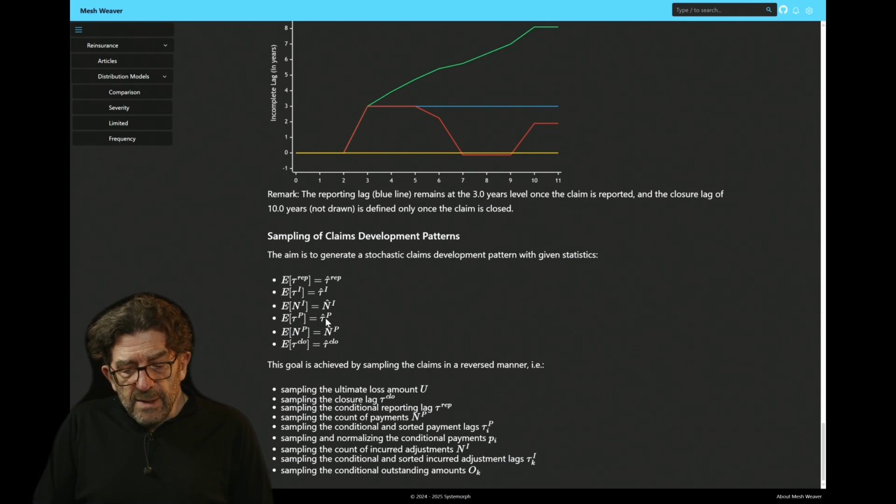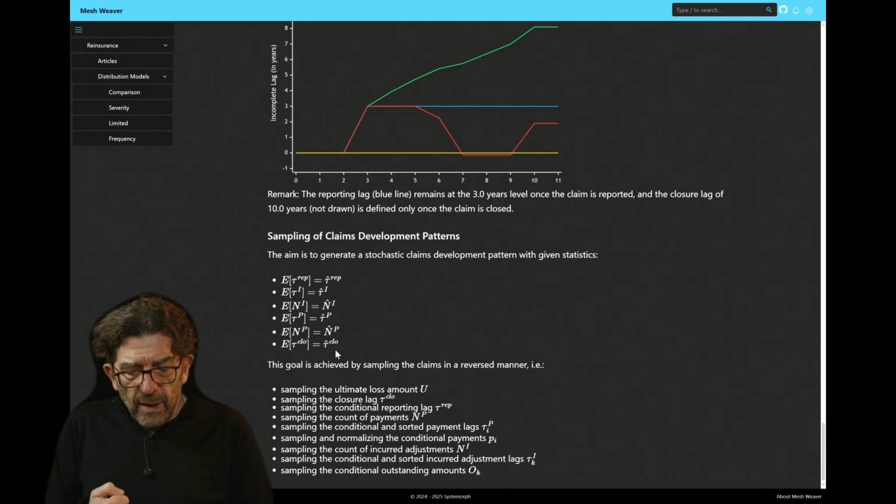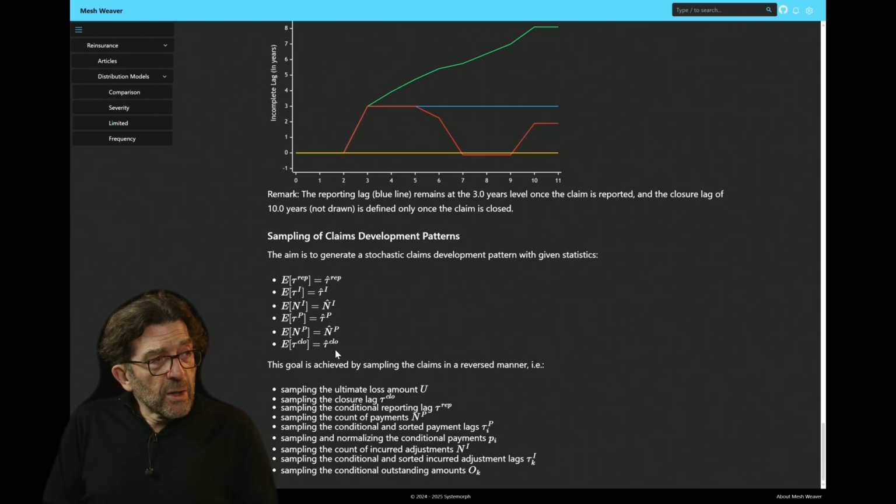Then for the paid, the same. We have the paid lag, the number of payments, and at the end the closure lag. So this is more or less how we describe any claim and what kind of statistics we are using, independent of when we make a payment or when we make an incurred adjustment.